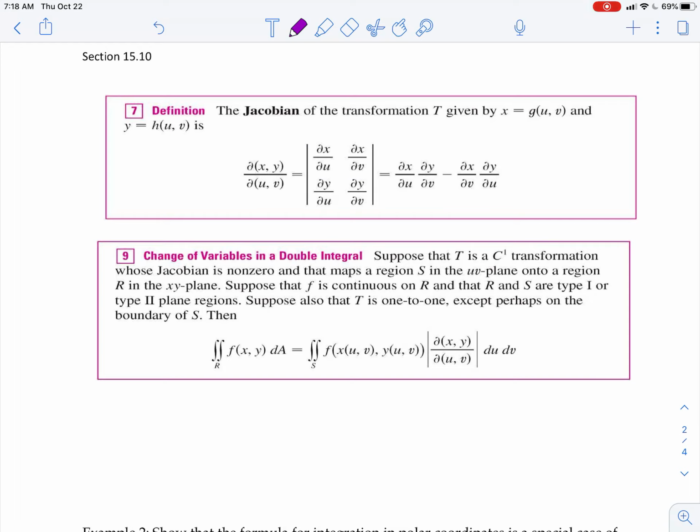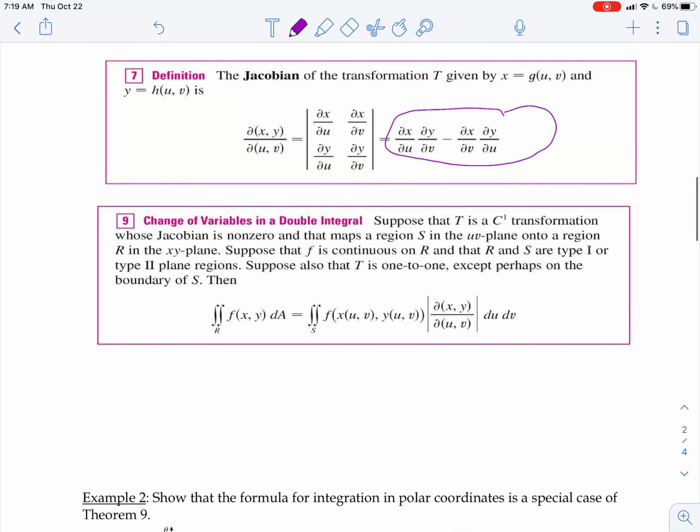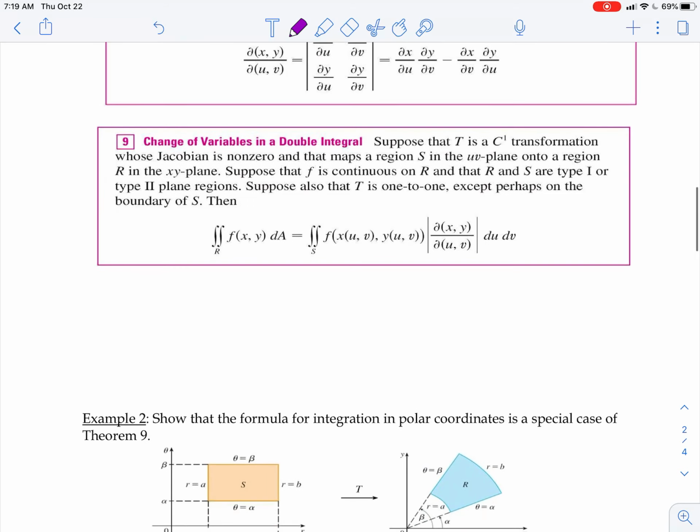That's what gives us the Jacobian. So the Jacobian is basically the determinant of all the permutations of partial derivatives of our function, with x and y in terms of u and v.